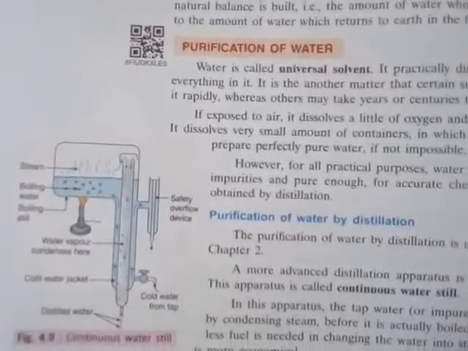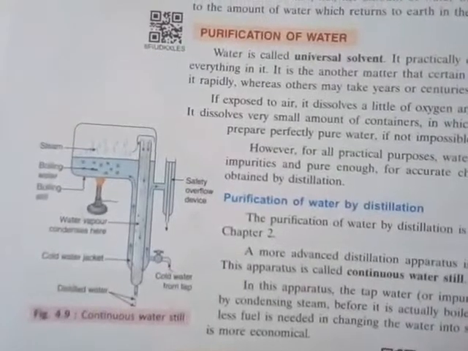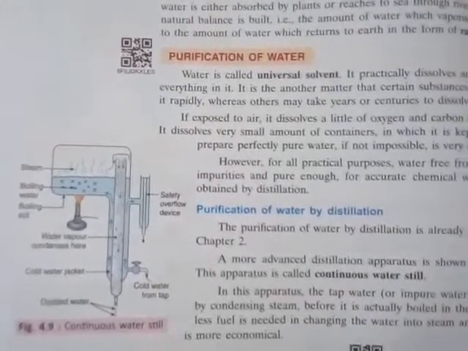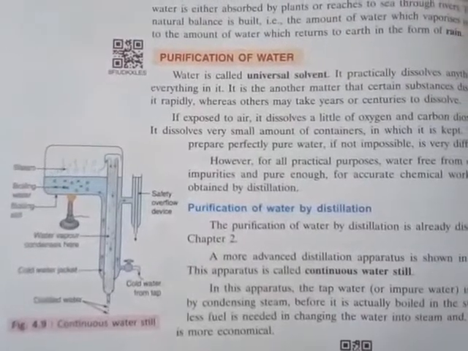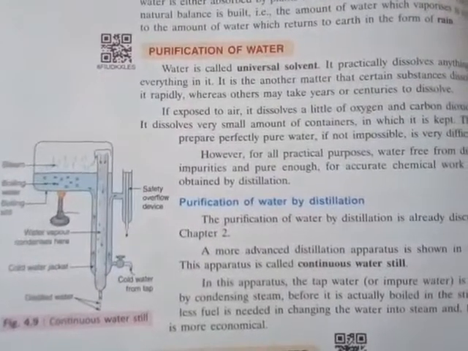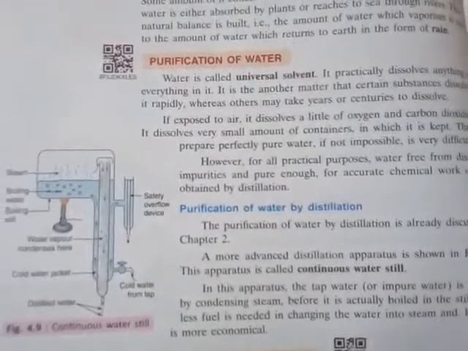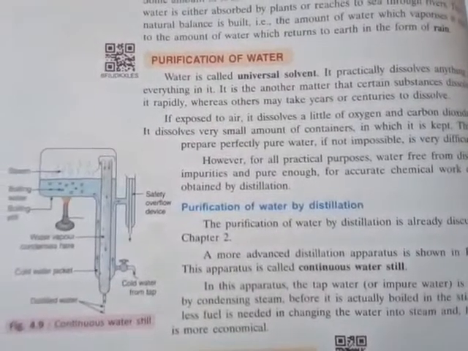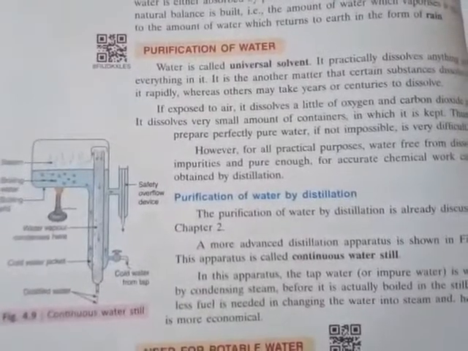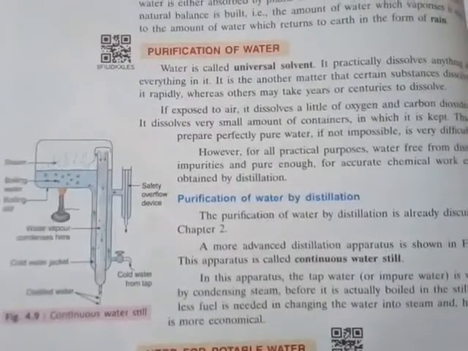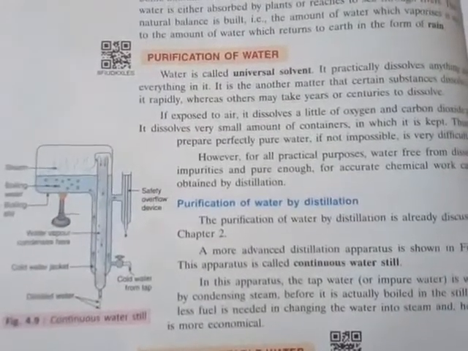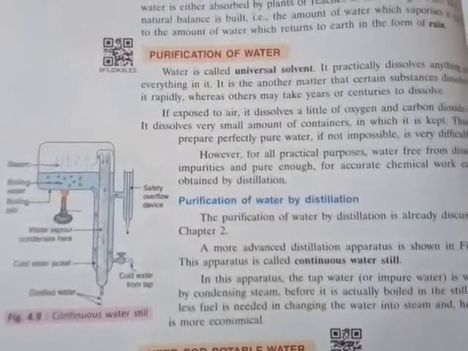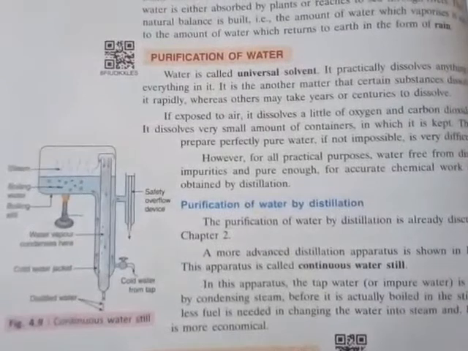For water distillation, suppose we have sodium chloride and water, and we need the water. We distill the whole sodium chloride solution, and the sodium chloride remains there. The whole of the water is evaporated, then condensed and collected in a different container, and the remaining salt is on the other side.